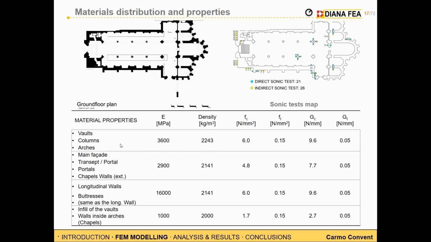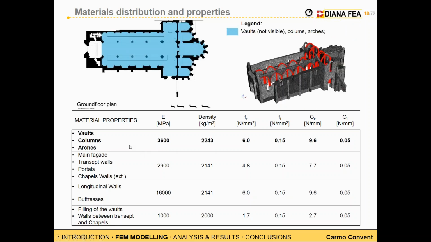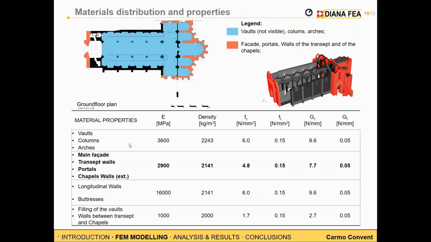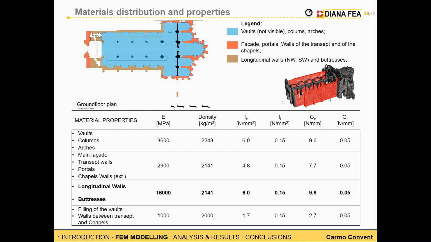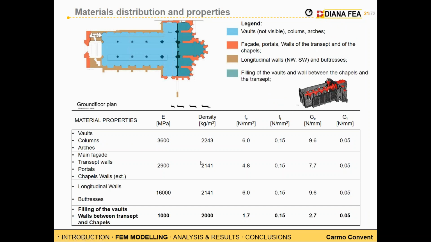For example, we have the properties for the vaults, columns, arches, the properties for the main facade, the transept, and the chapels, for the longitudinal walls, and also for the filling of the vaults and of the arches.